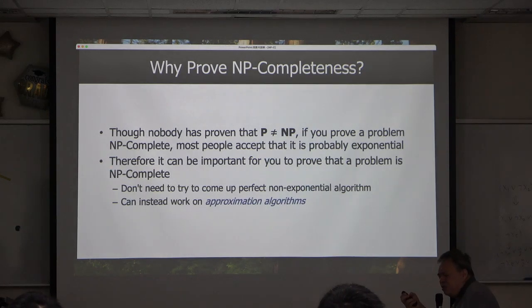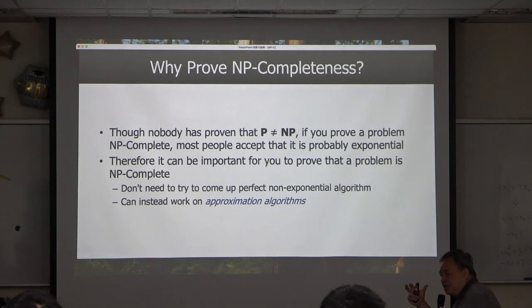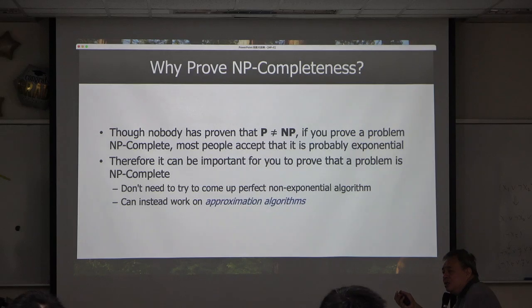The approximation algorithm is polynomial, but it doesn't guarantee it always gives you the best solution. But if the approximation solution is very close to the best solution, and it can be done in polynomial time, then it's usually acceptable if you prove the problem is NP complete.